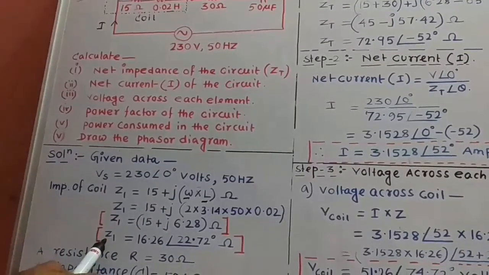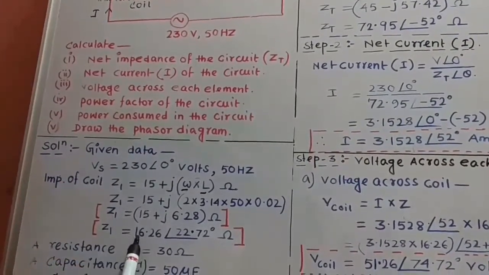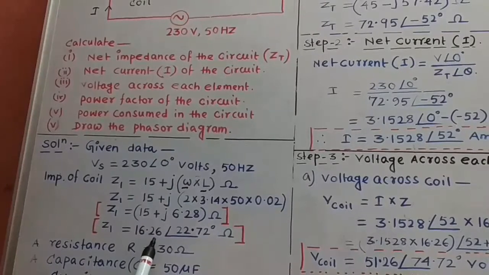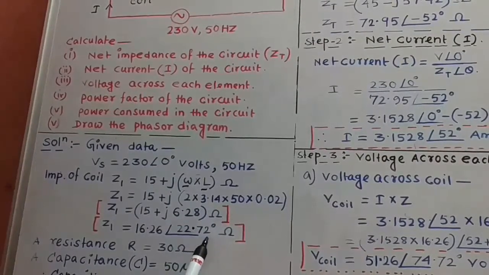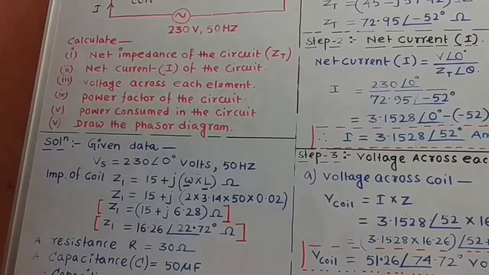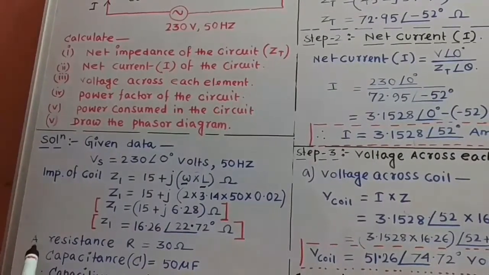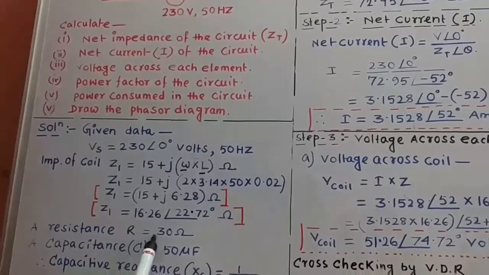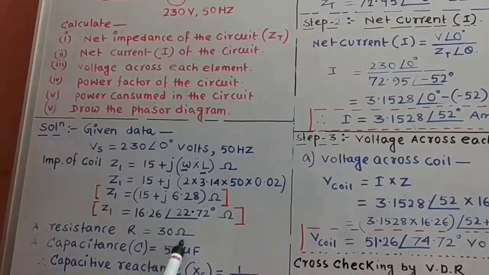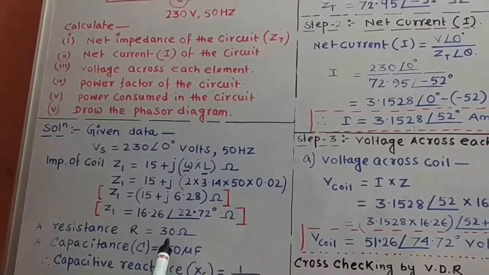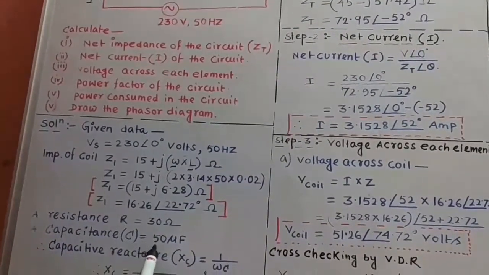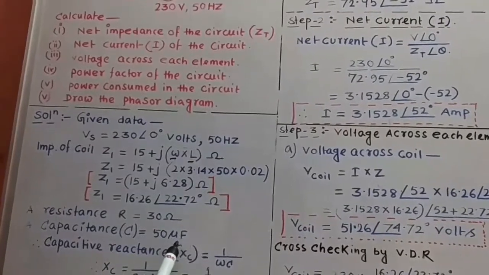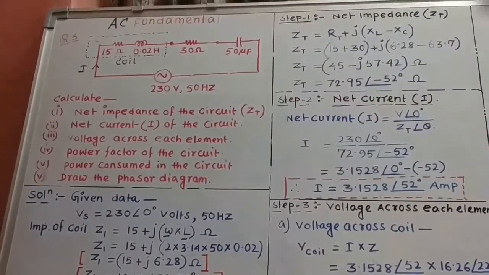So Z1 in polar form, it is 16.26 angle 22.72 degree ohms, and a resistance R is connected in series, that is 30 ohms from the figure, and a capacitance C of 50 microfarad is also given in the circuit.